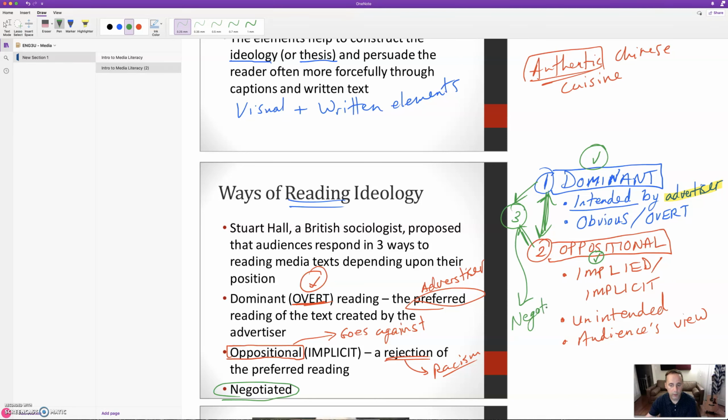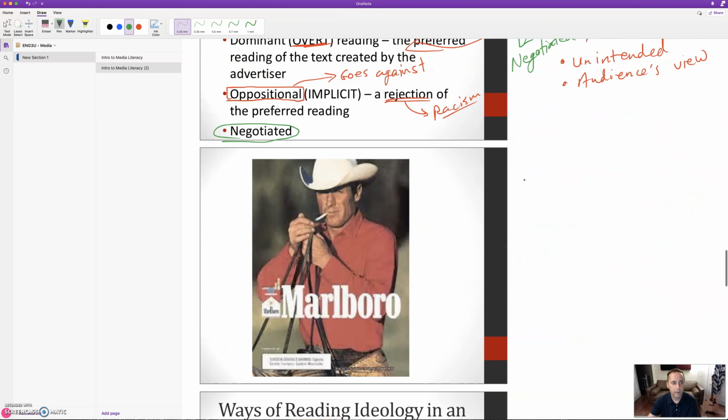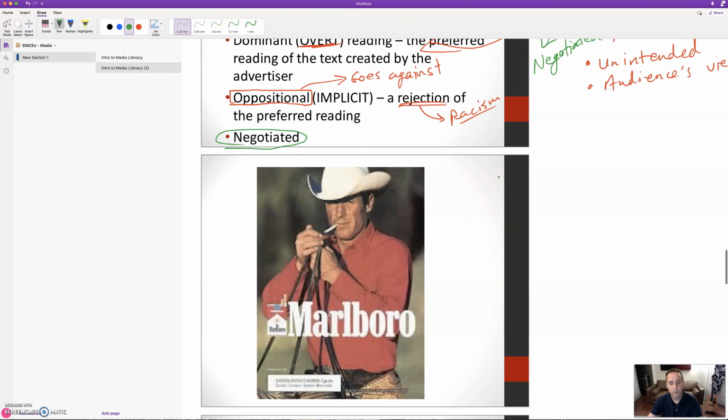So you negotiate between the dominant and the oppositional. So let's practice on an ad here. Alright, so let's take a look at this ad. It's a bit grainy. Sorry for the pixelation.